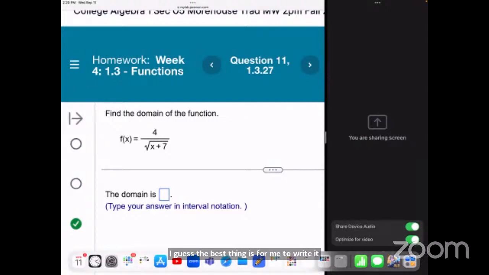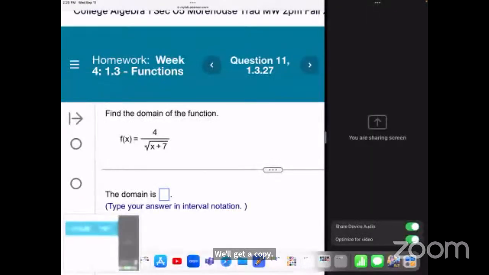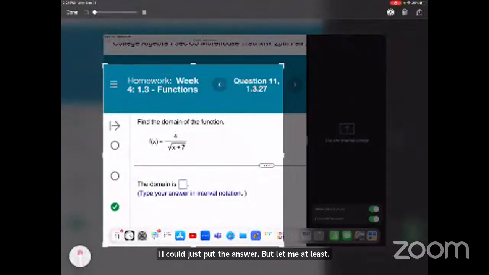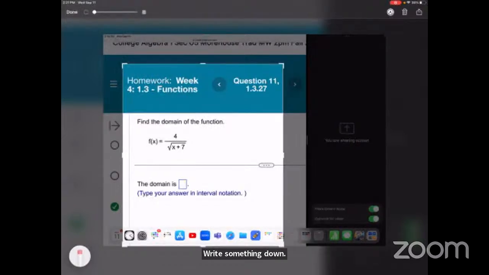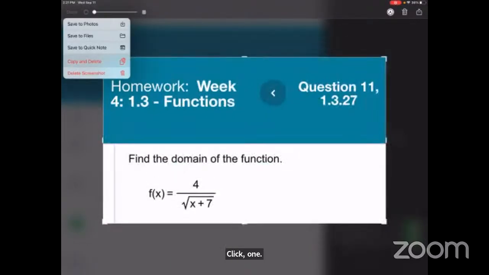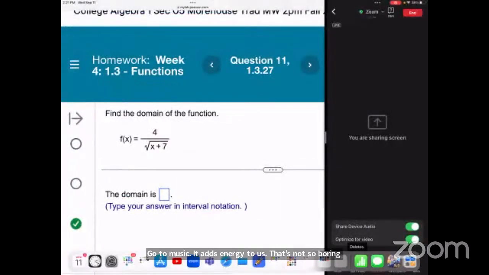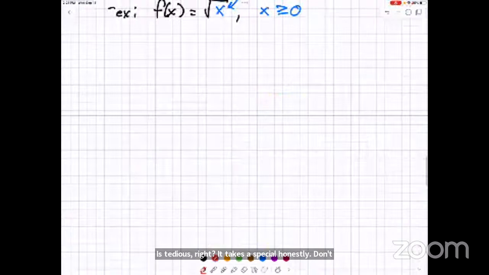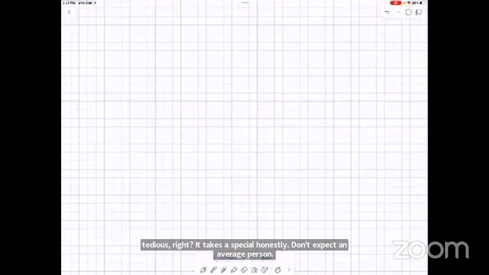Let me get a copy. Because I could just put the answer, but let me at least write something down. Copy and delete. I like my little music. It adds energy to it, so it's not so boring, because I know this stuff is boring and it's tedious.